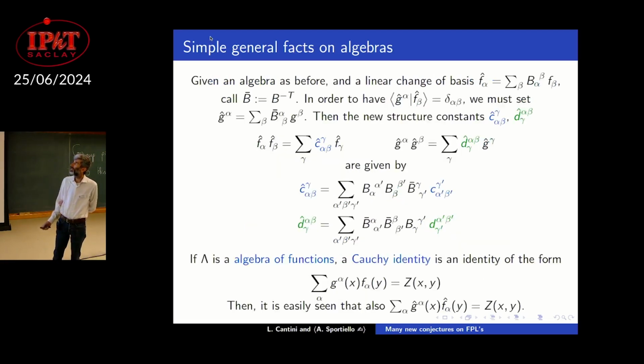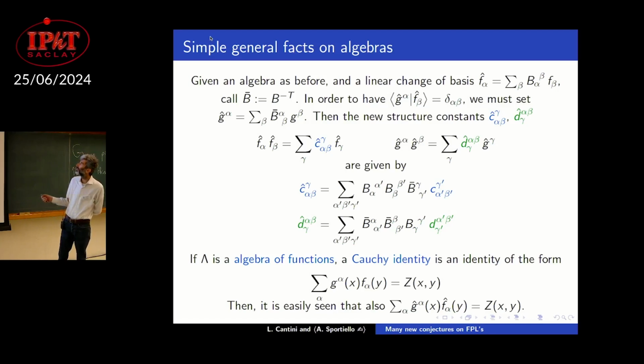And if you have one algebra that you understand well, and you define a new algebra which is a deformation of that, maybe that deformation comes with an explicit change of basis B. Most often triangular even, but you don't need that. If you call B bar B to the minus one, transposed, so you keep the scalar product if you use a consistent way of using B and B bar on upper and lower indices in a way which is reminiscent of Einstein notation.